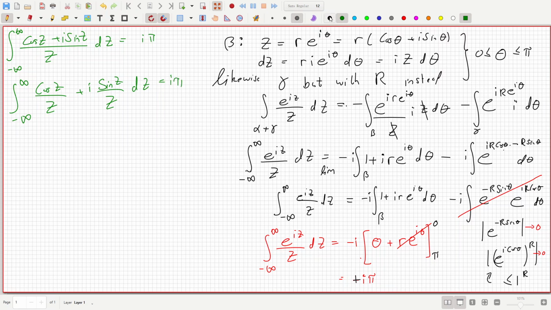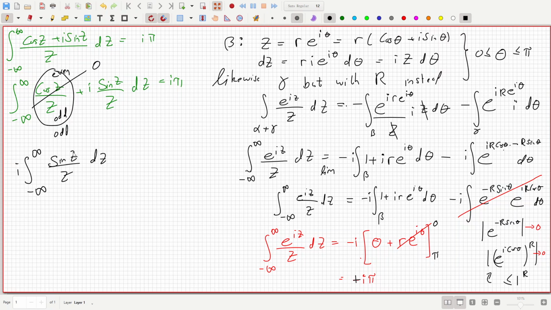But cos is an even function, z is an odd function. So in total, this is an odd function. And because the integration was symmetric, it means that this integrates to 0. So now you have minus infinity to infinity i sine z over z dz.